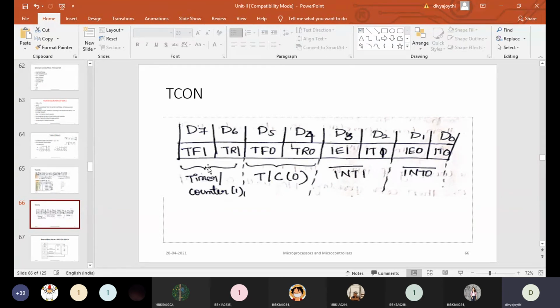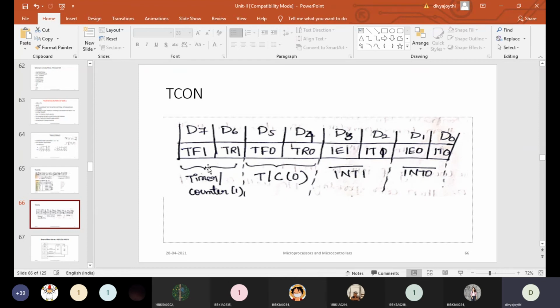Incrementing means, if 0 is there and I say increment it by 1, it should move on to 1. If 1 is there and I increment it by 1, it should be 2. Incrementing should be in increasing order. But here, an overflow happens after reaching the maximum value and still trying to increment.